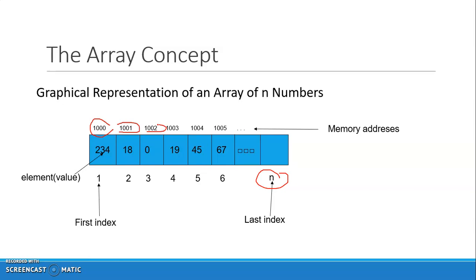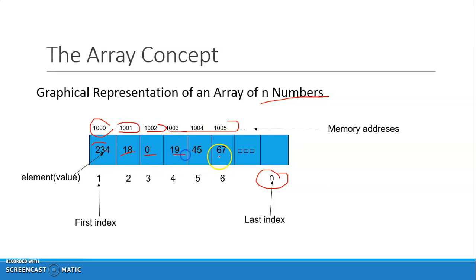Actual addresses would not be as shown here, but we just want you to get the concept. So the next one, 1003, all the way up to where n is. We've just shown the first 6 addresses. On each slot of the memory, there is a value. For the array of n numbers, we have the first value as 234, another one 18, and so on. So they're just next to each other.